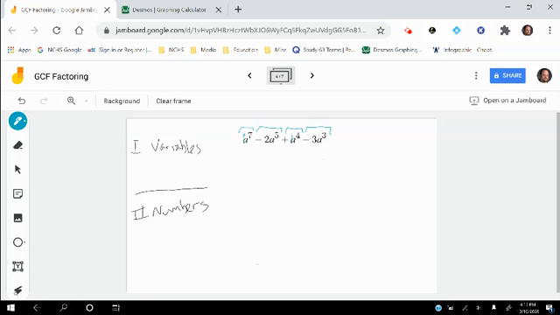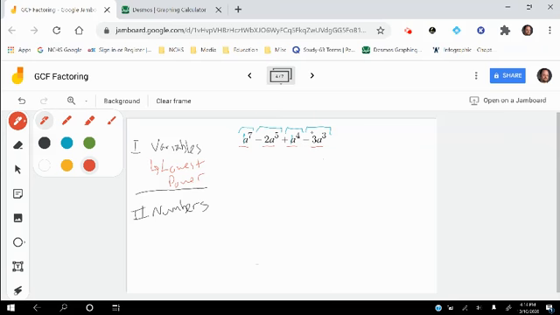So first I look at the variables. Do I have any variables in common? Yes, I do. They all have an a value. So that means I need to remove an a. And remember that what we do is we're going to remove the lowest power.